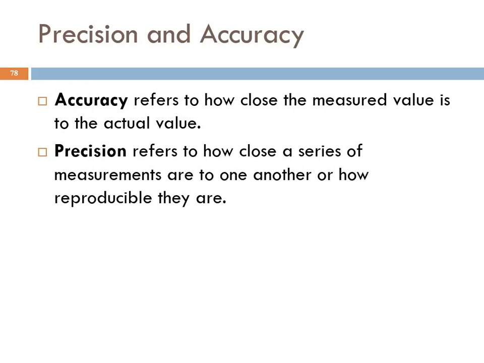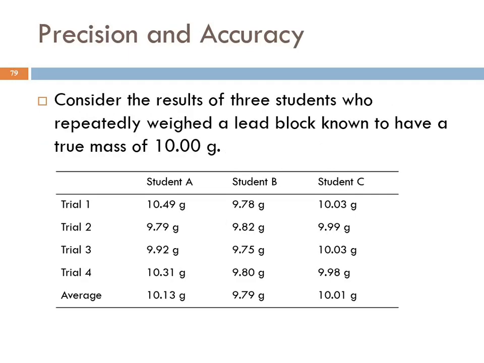But you throw 10 darts and they're all within a centimeter of each other over on the wall. So your accuracy is terrible, but your precision is great. Accuracy and precision can both be high, they can both be low, or one can be high and the other can be low. Let's look at some results of a student experiment.